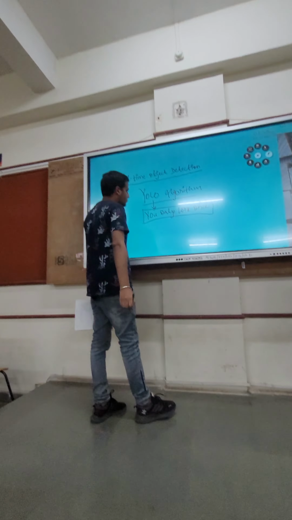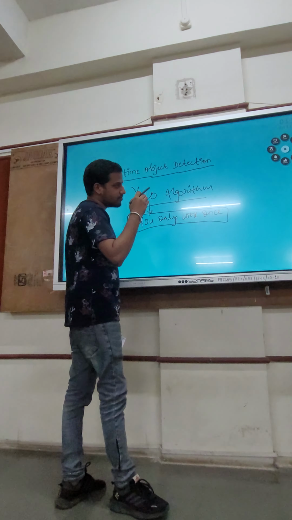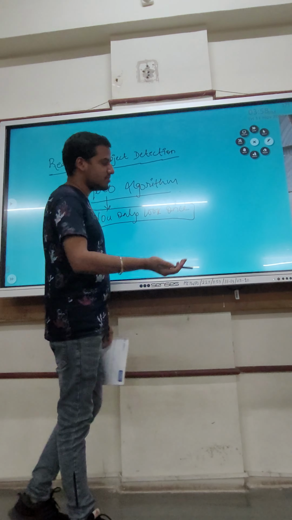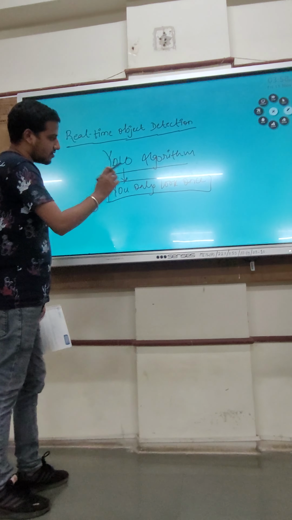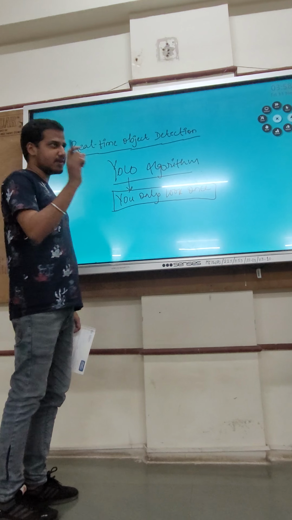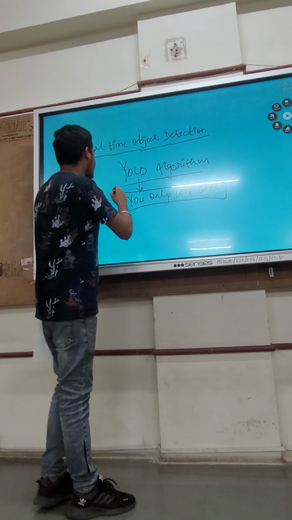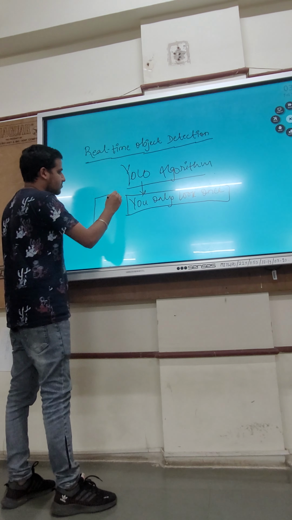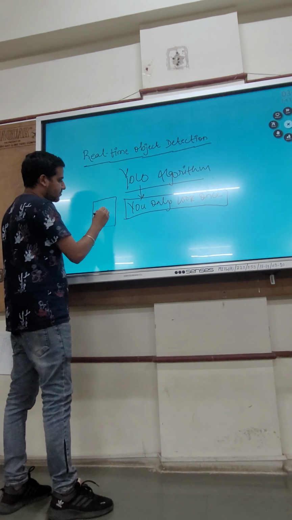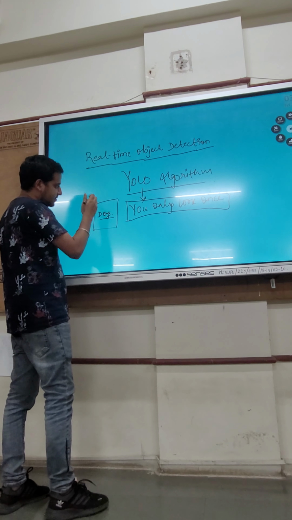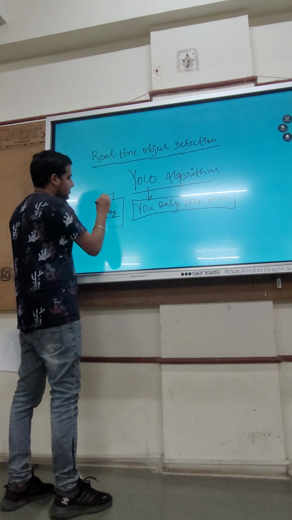It doesn't need to process the data phase by phase and then detect the result. By looking at once, it will detect what the object is, and the label related to it. If it detects something in the image like a dog, it will also show the label that it is a dog.